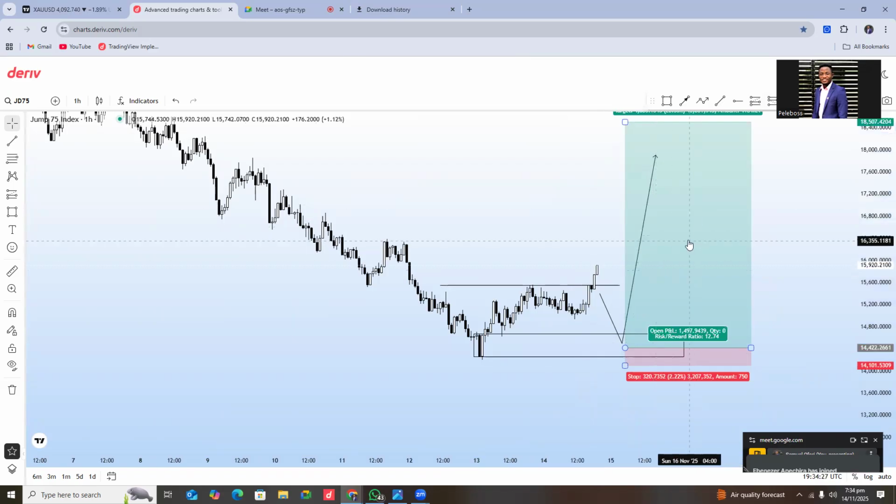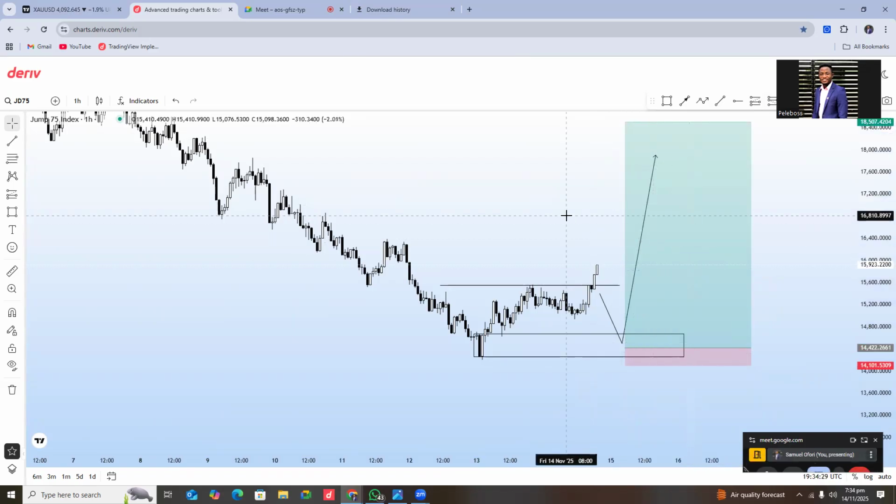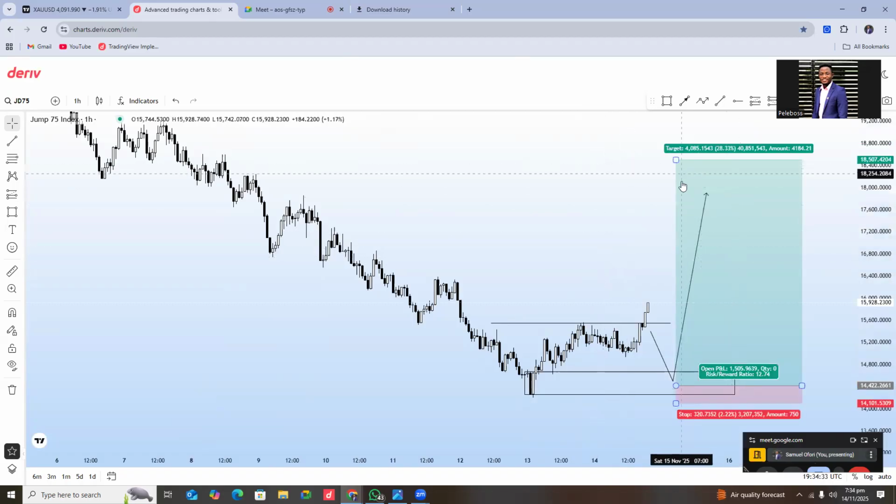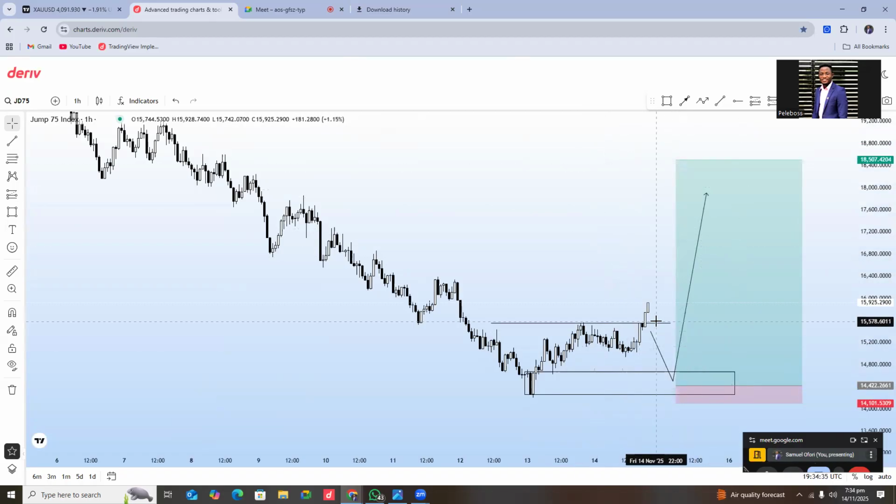This will give you a reduced risk, and this has high chances of what? Hitting your targets compared to joining it from here. Okay, it can respect this and continue to buy. However, if you should catch it here, that would be the ideal point.